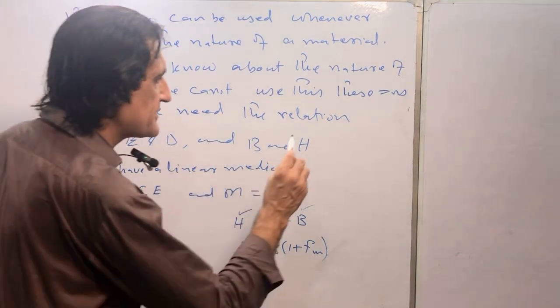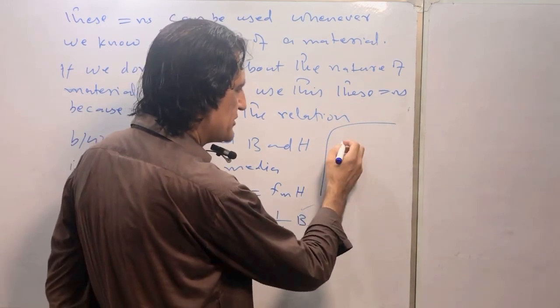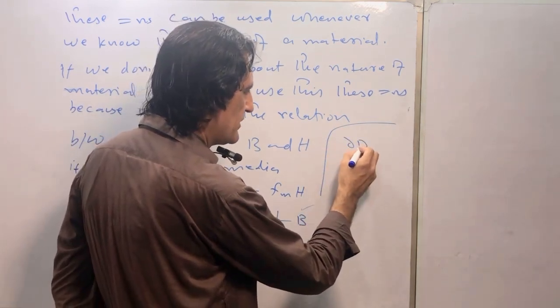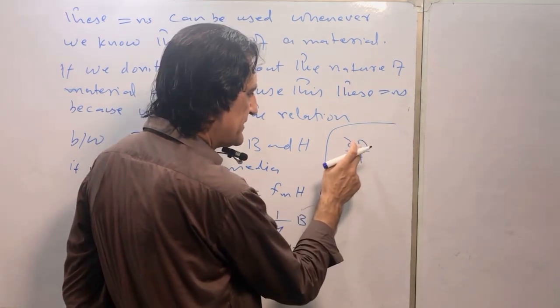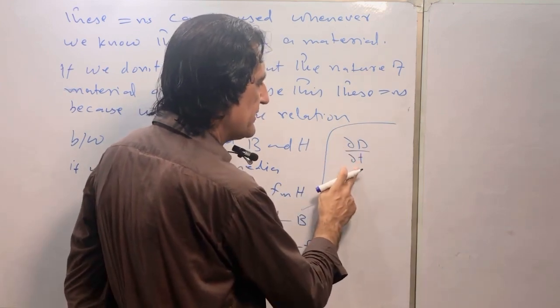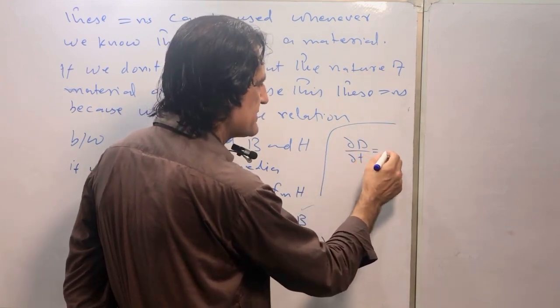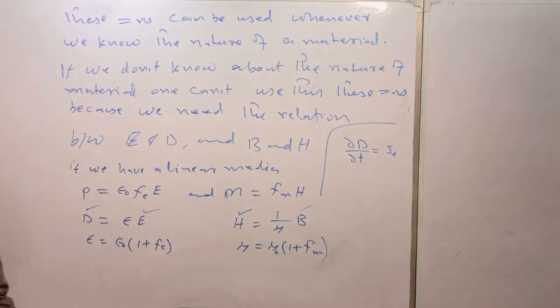And the last point is, from the last Maxwell equation, we have partial D divided by partial t, the displacement current changing with time. Maxwell called this JD, the displacement current. This was the reason that they used the term.